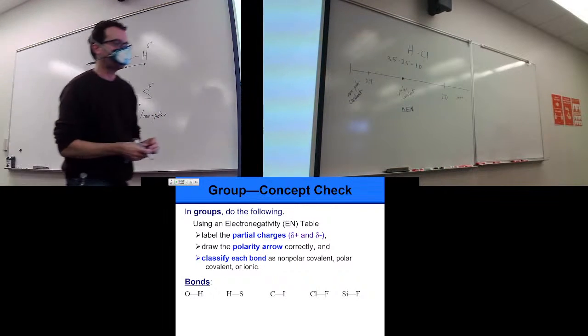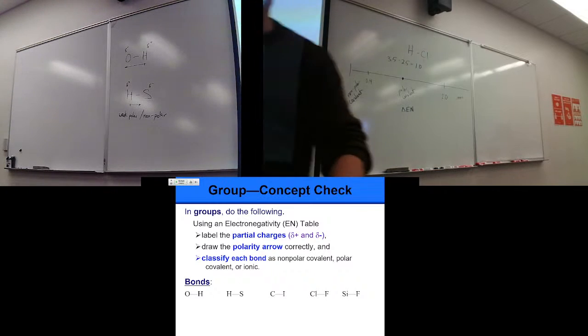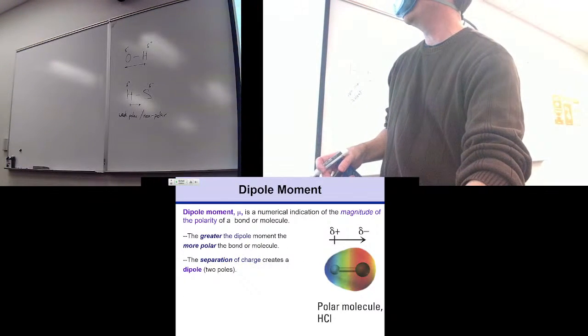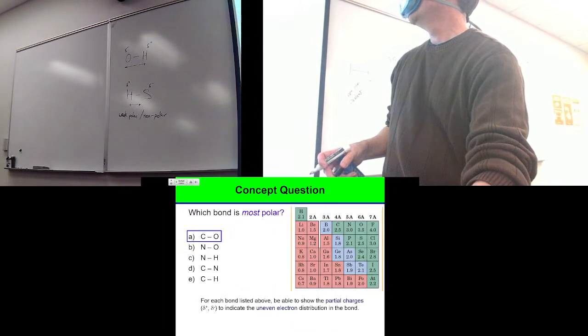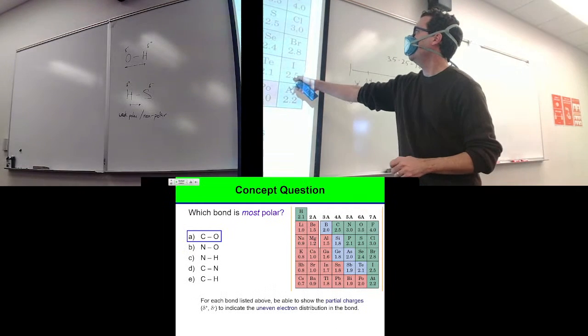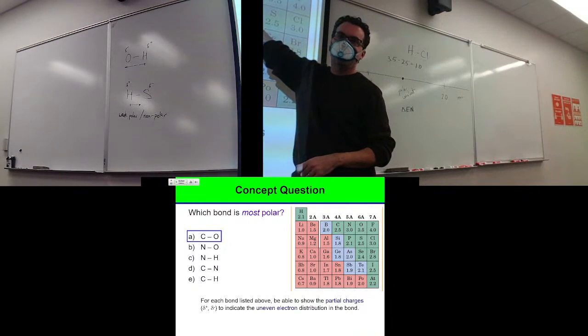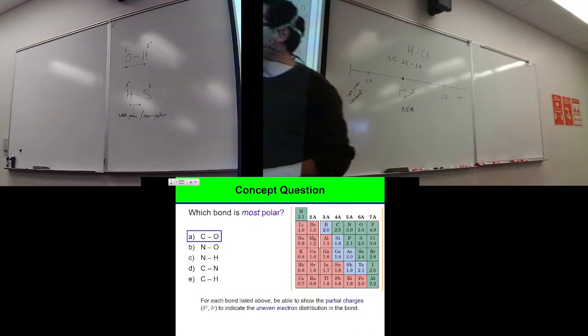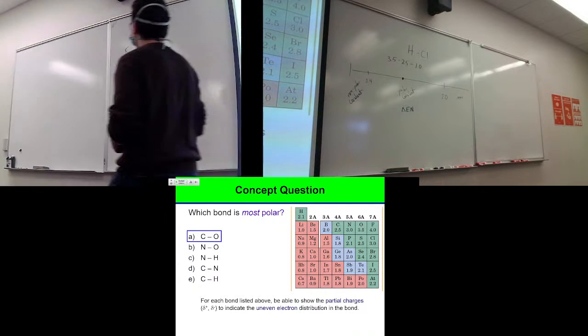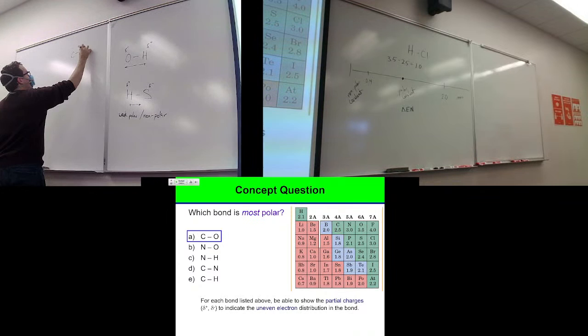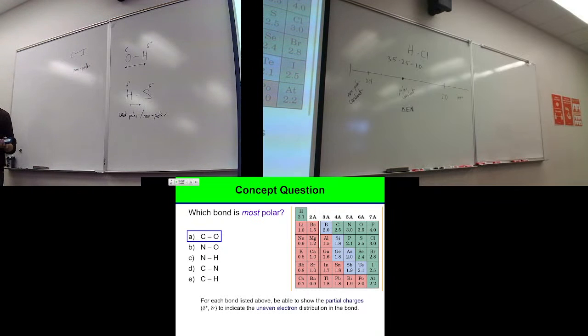C-I though. So carbon and iodine, and I need to look these up because I don't know what iodine is. Here's the table. Iodine is 2.5. Carbon is 2.5. Exactly the same electronegativity. This is pretty clear. The C-I bond is nonpolar. So there is no dipole moment we can draw.